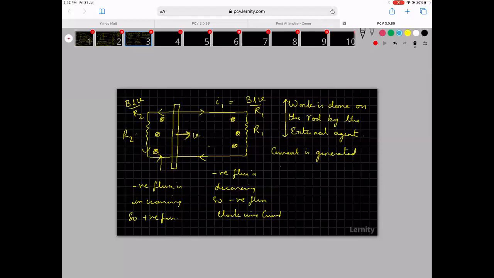Then mechanical energy is converted to electrical energy. Mechanical energy is converted to electrical energy.